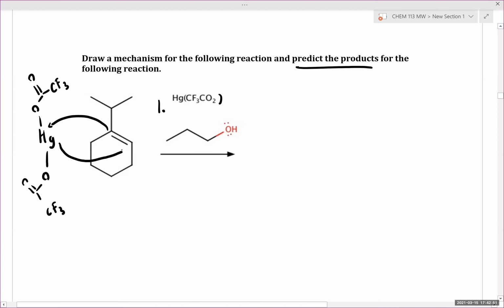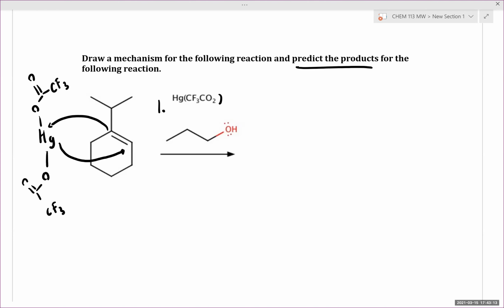Yep, we end up with attack to generate our cyclic mercurinium intermediate. Okay, what else happens when our alkene attacks our electrophilic mercury atom? Are there lone pairs on mercury, or where are the electrons coming from?